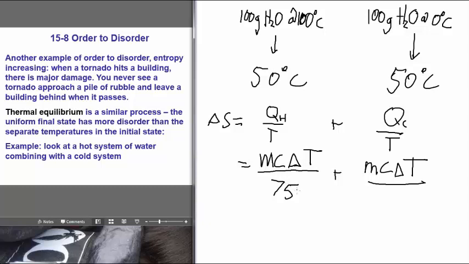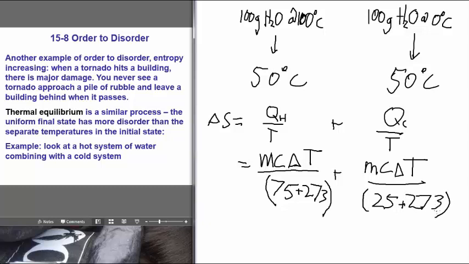But we know that doing math we have to use Kelvin, so let's modify that to be a Kelvin temperature. And for the cold system, the average temperature that it was at while it was gaining heat was right between 0 and 50, which is 25.